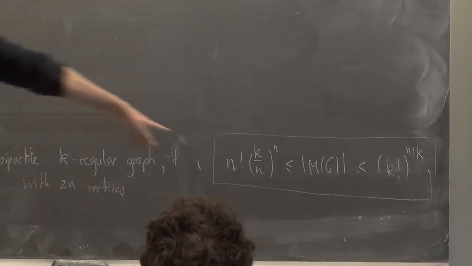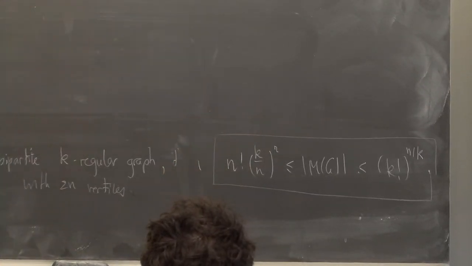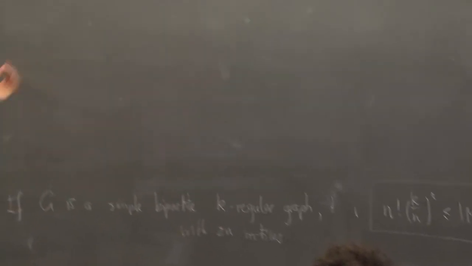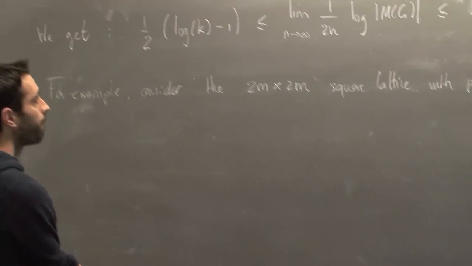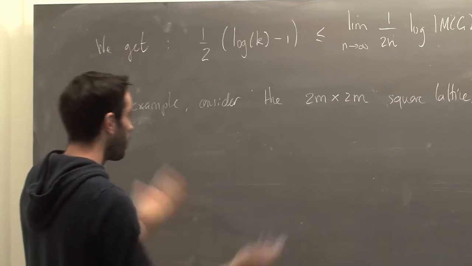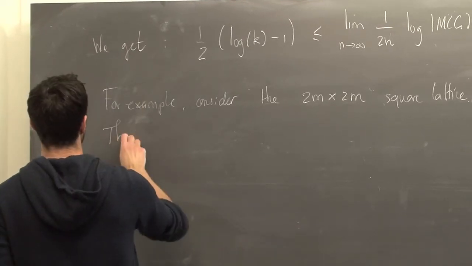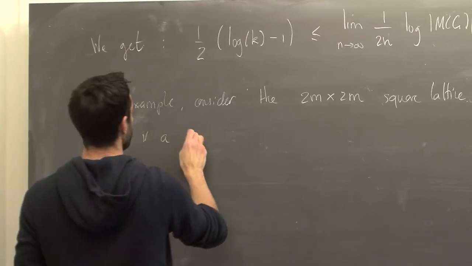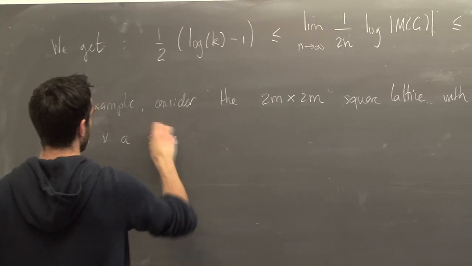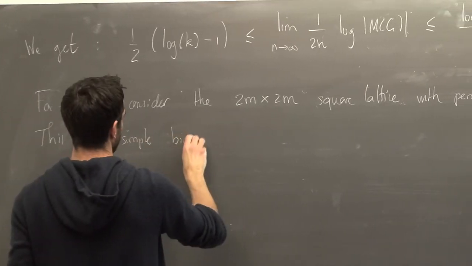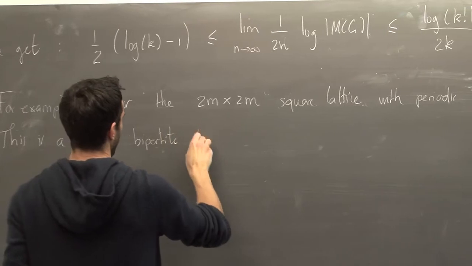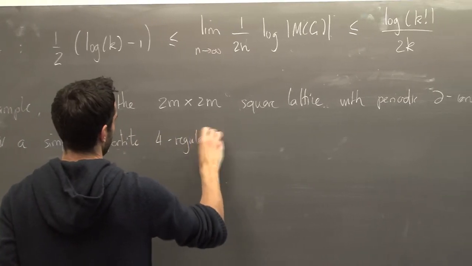Of course, you had understood it because it appears in the proof, but I want to state it. So this is a simple bipartite k-regular graph.